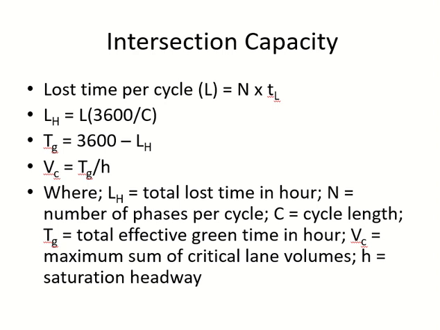Now, one phase is for one movement. Phase meaning the time you give for one movement. The signal has red and yellow and green, right? So from all that time you receive a portion for your movement.